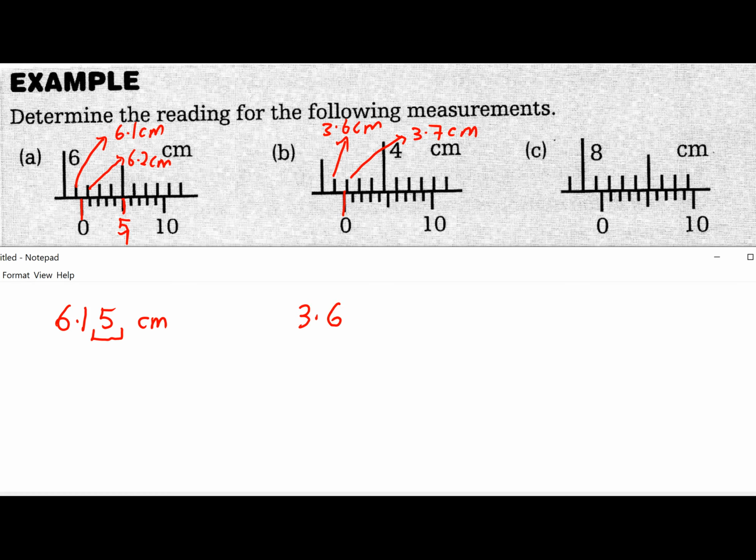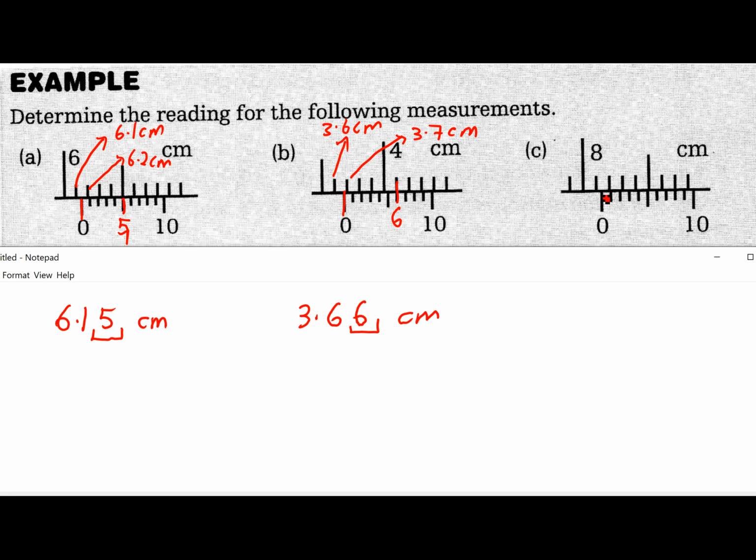So the main ruler tells you it is 3.6 something centimeters. The second decimal place is given by the vernier ruler. Now if you look at the vernier ruler, we find this marking is aligned. And for the vernier ruler, this is marking number 6. Hence, the reading is 3.66 centimeters.